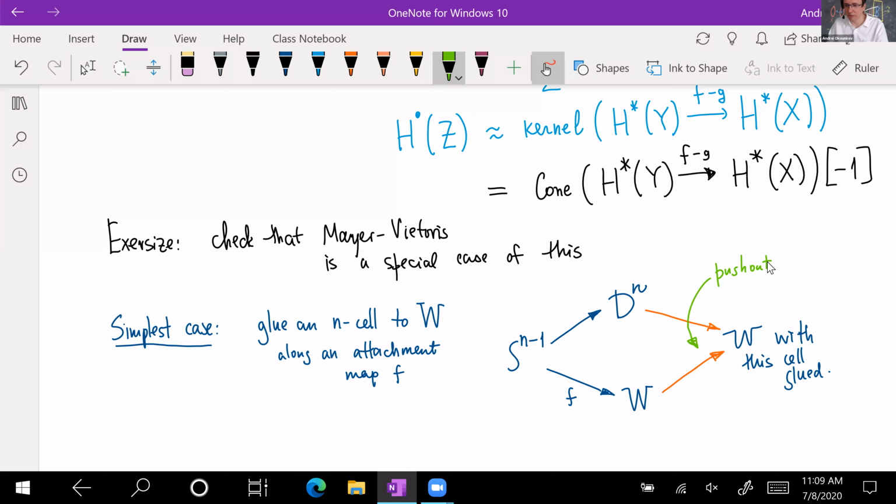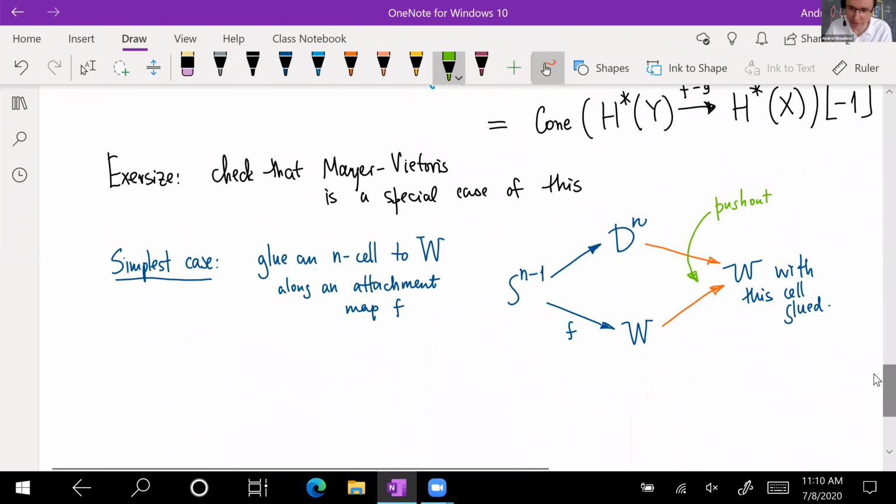If you want to know the homology of a given space, well, if it's homotopy equivalent to a CW complex, which we always assume it is, then you can obtain your space by attaching one cell at a time, and at each step you compute a cone of some map. That's how you reconstruct the homology.